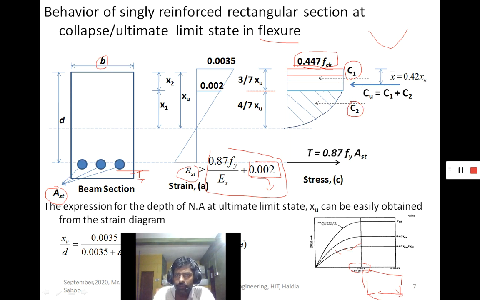The C1 force passes through the CG of this rectangle, at the middle, and the C2 force passes through the CG of this parabola. The total force is C1 plus C2.